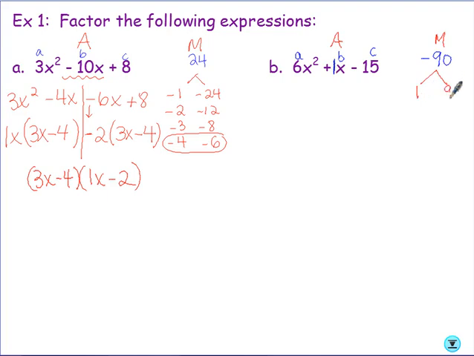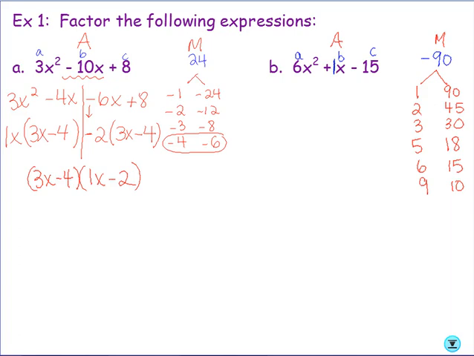We know we got 1 and 90. 90 divided by 2 is 45. 90 divided by 3 is 30. 90 can't be divided by 4. 90 divided by 5 is 18. 90 divided by 6 is 15. 90 can't be divided by 7. And 90 can't be divided by 8. And 90 divided by 9 is 10.